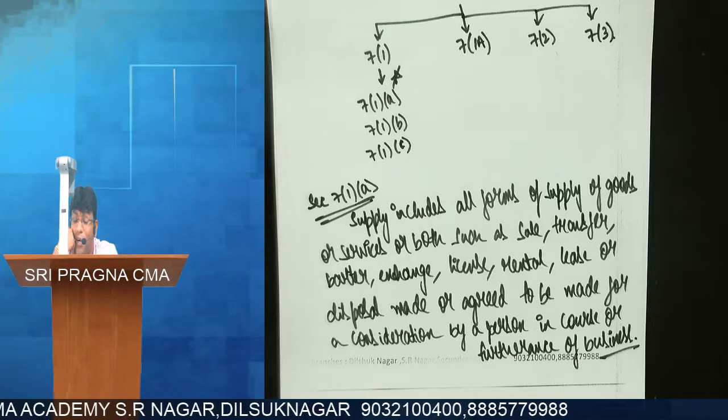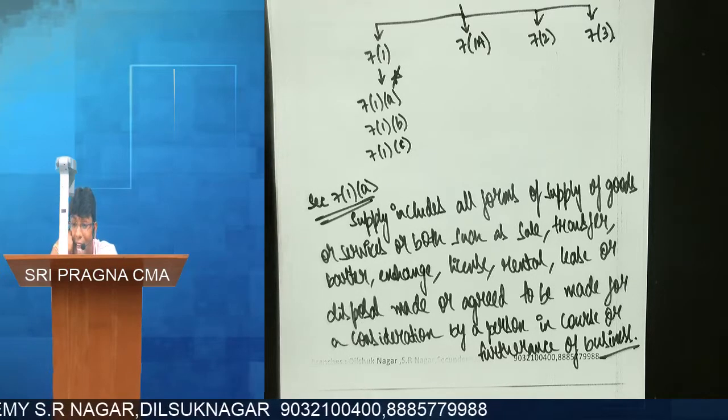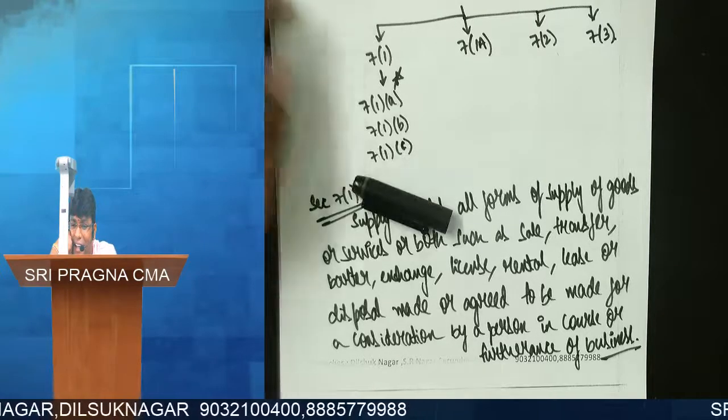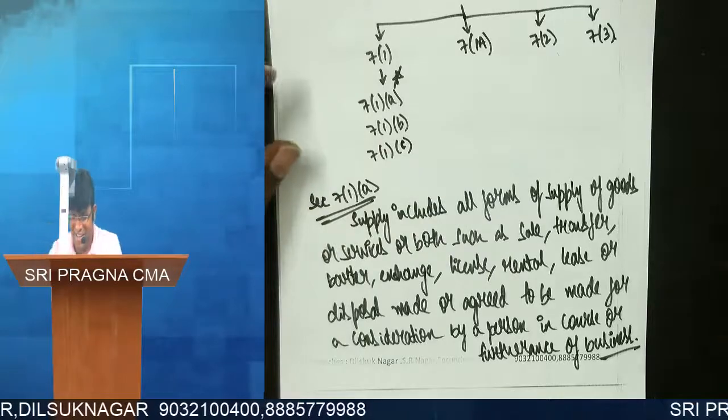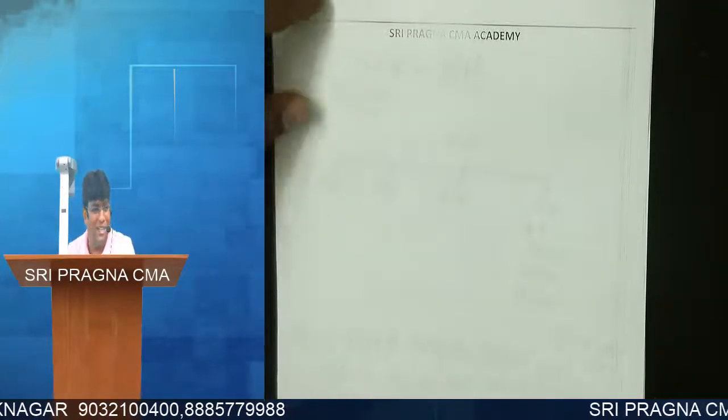So they specified that goods cover every kind of movable property other than what? Crazy answers are coming. I thought you would tell the perfect answer.